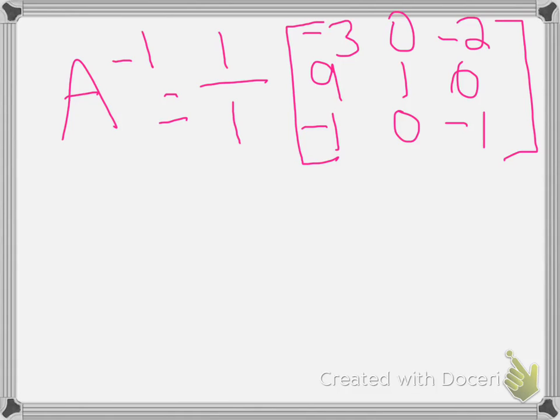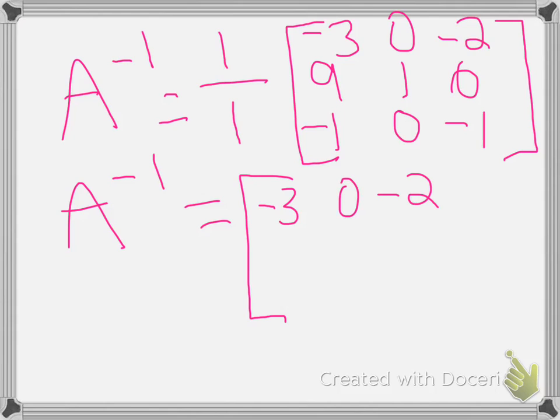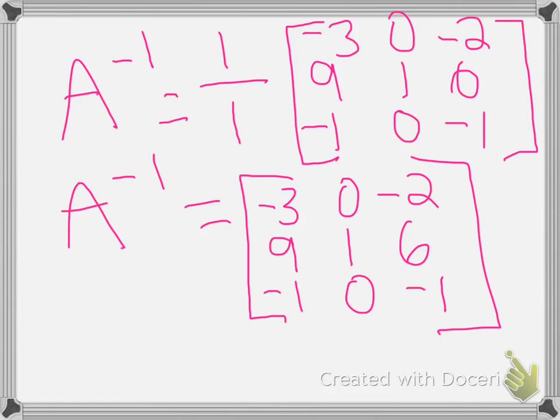And we know that 1 times any number is the same, so the inverse of A is just equal to the matrix -3, 0, -2, 9, 1, 6, -1, 0, -1. And that is our answer.